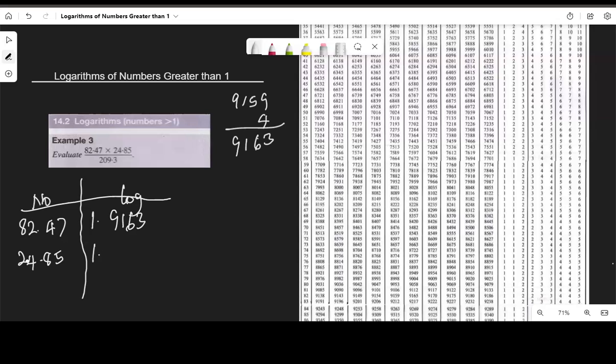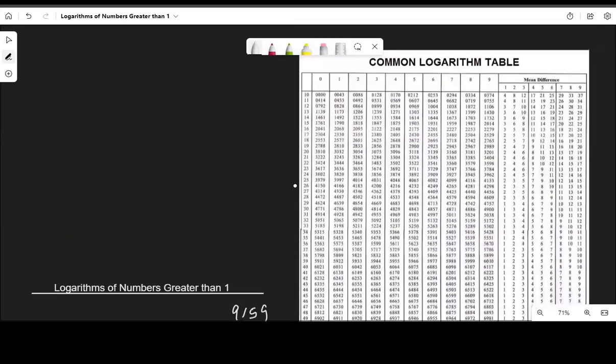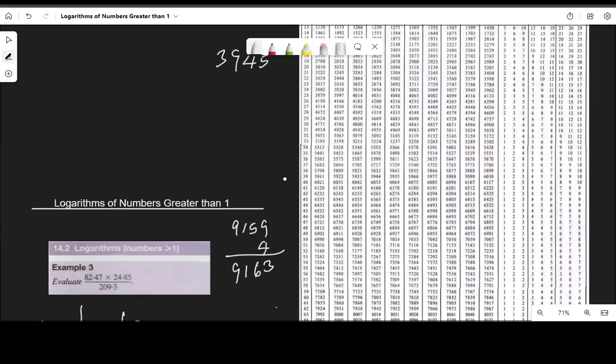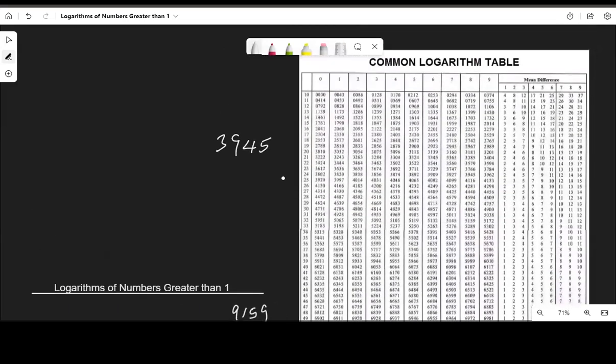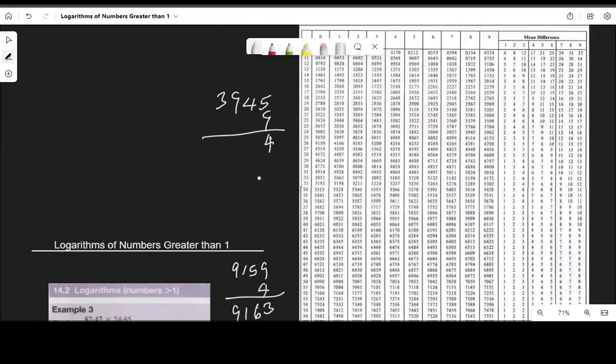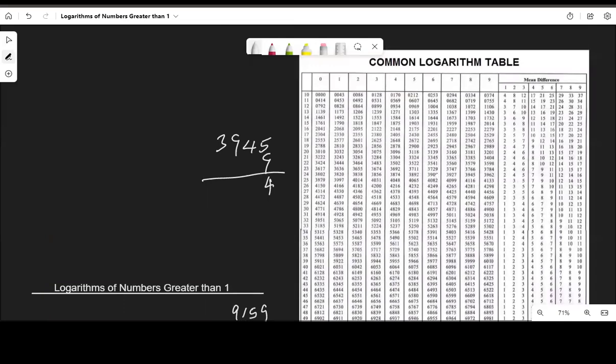So the second one, we'll look for logarithm of 24 under 8, difference of 5. Here is 24, trace it to 8. 3945.